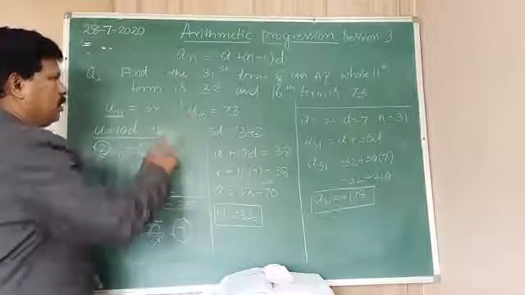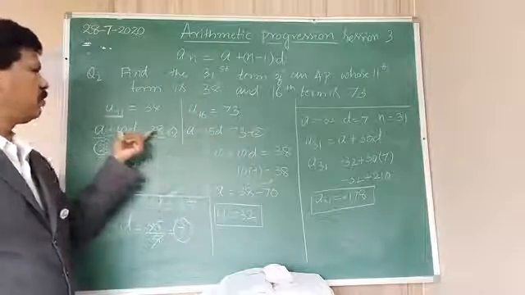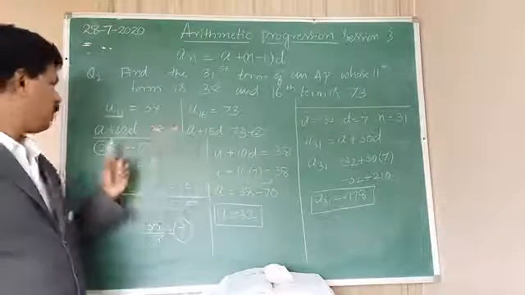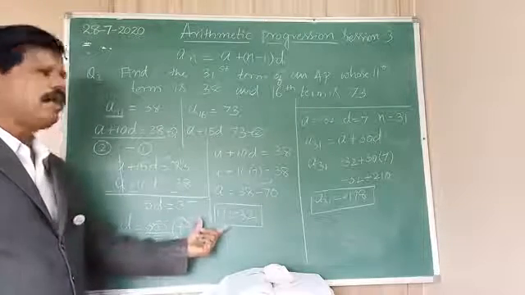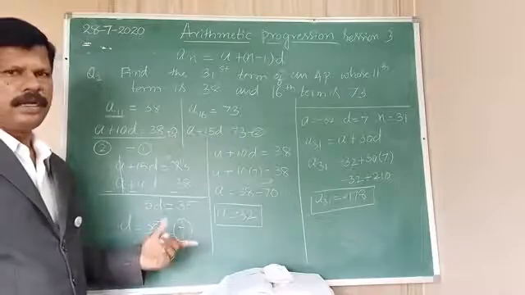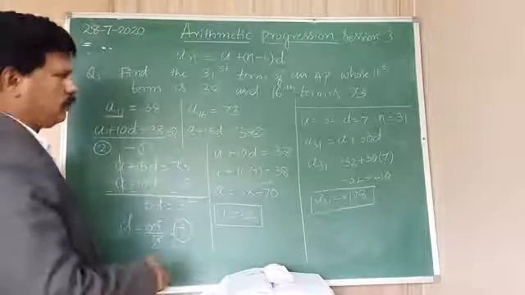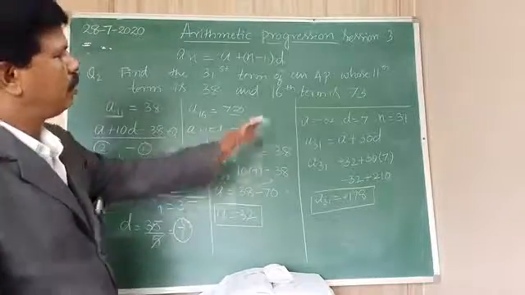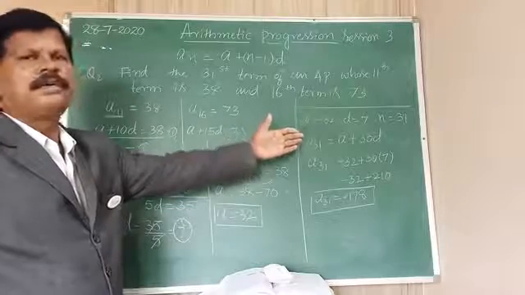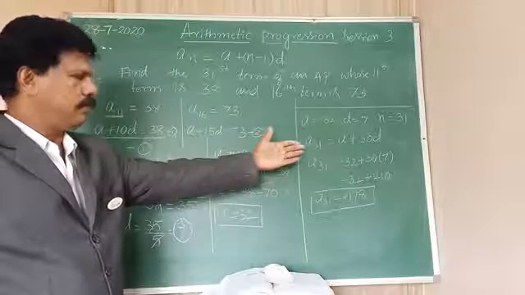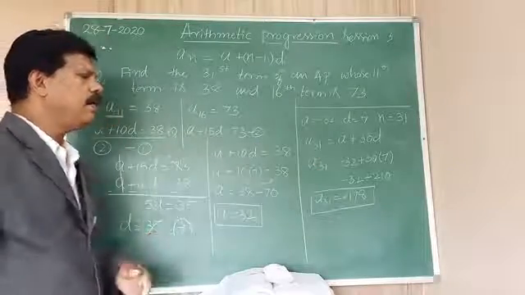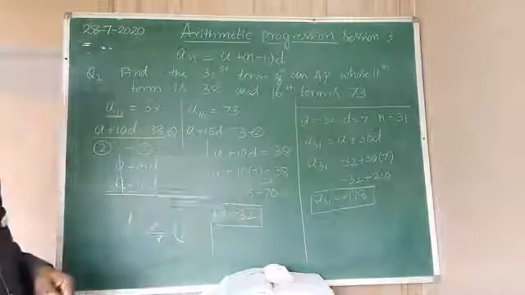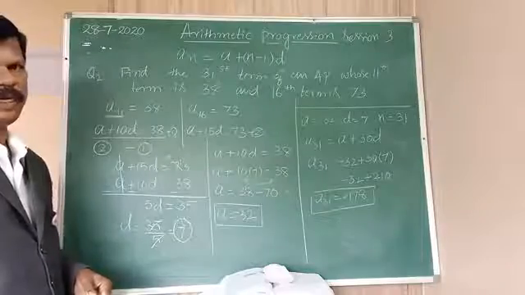So here are two equations, equation 1, equation 2, then subtract 1 from 2. So we will get A value and D value. Clear? Understood? Then after that, take the nth term formula, An formula. Then substitute the values, A value and D value. You will get the required term.